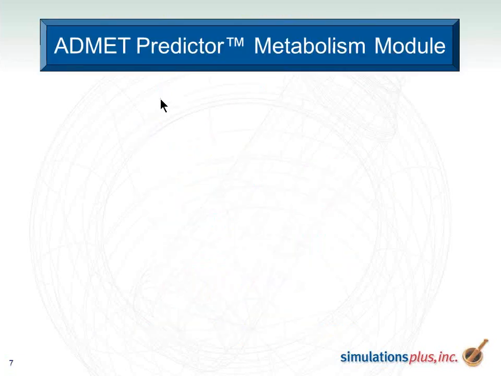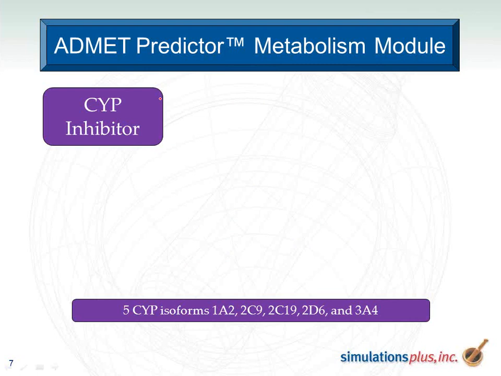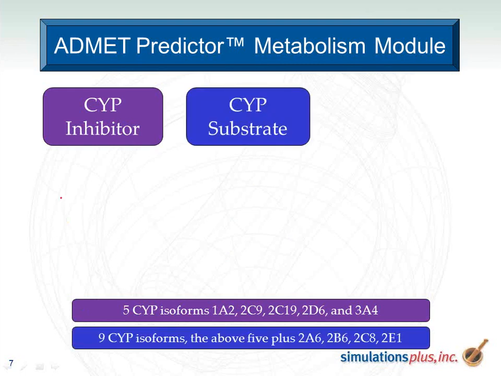This slide is an overview flowchart of our metabolism module. We have classification models for CYP inhibition of the 5 major isoforms of cytochrome P450. Then we have 9 classification models for is the molecule a substrate of a certain CYP or not.